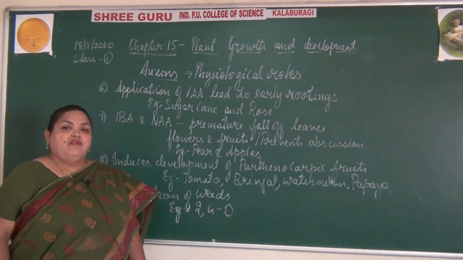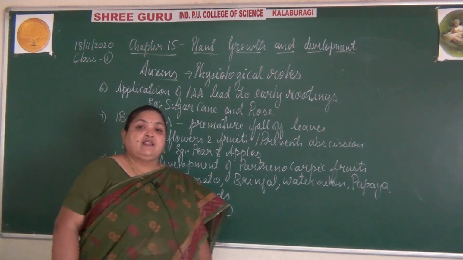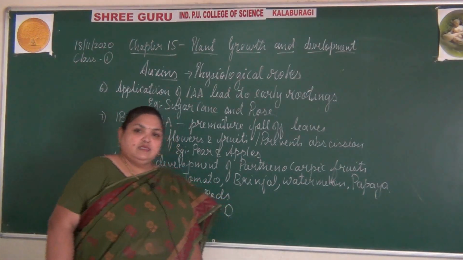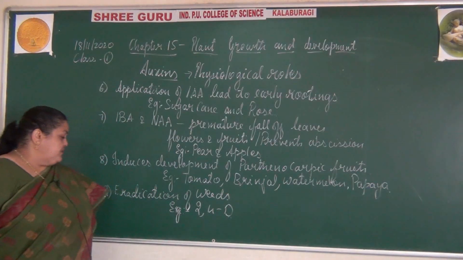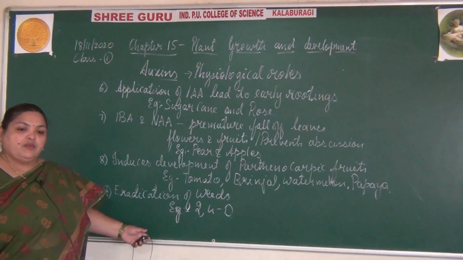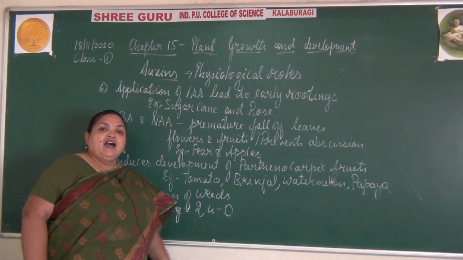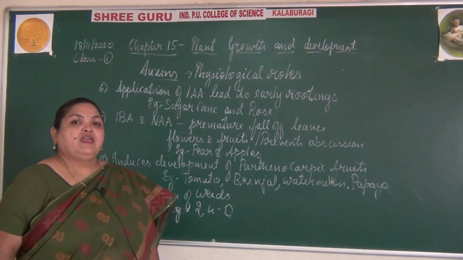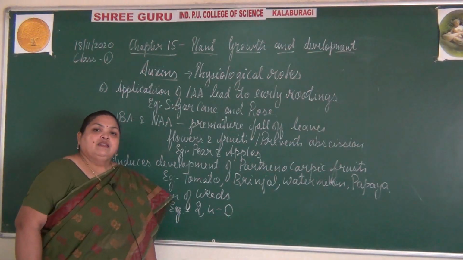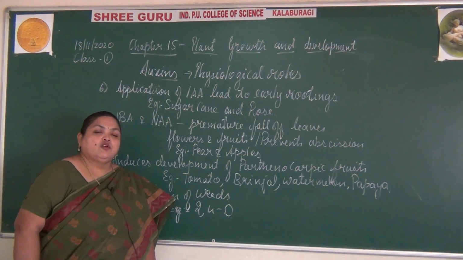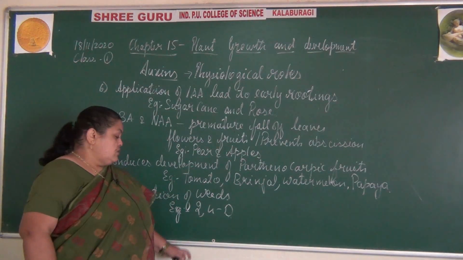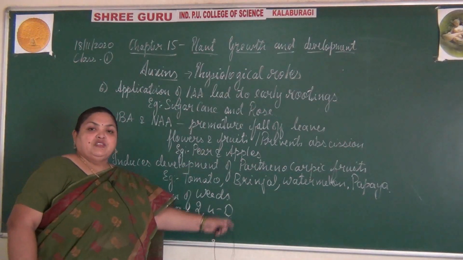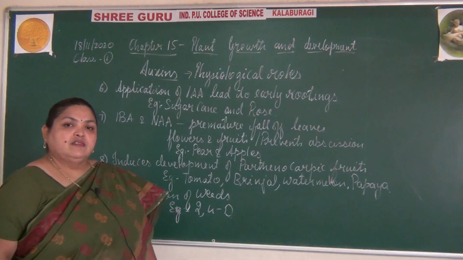Nowadays we are getting some vegetables and fruits without seeds because of the chemical auxins. Then eradication of weeds: the unwanted plants can be stopped from growing by the application of 2,4-D, which is widely known as a weedicide.